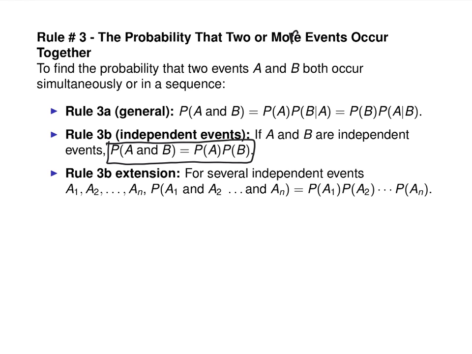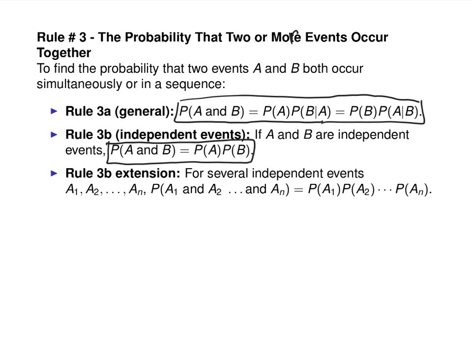In general, if you want to find the probability of A and B, you can use either of these two things. Find the probability of A times probability of B given A, or probability of B times probability of A given B. And which one you use depends on the context. Probability of B given A means the chances B occurs knowing A occurs. What's the chances A occurs knowing B occurs.